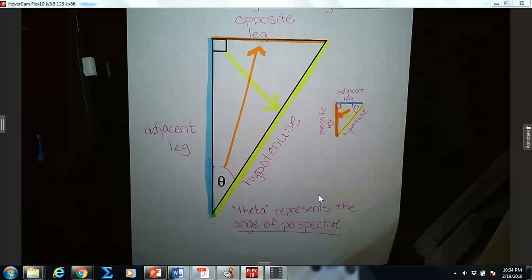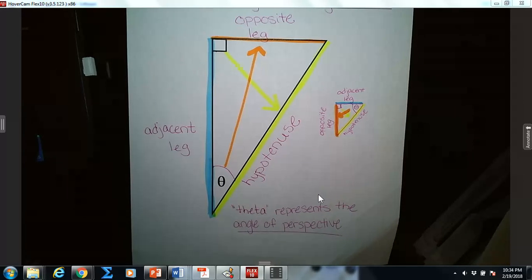So as the angle of perspective changes position, the opposite leg and the adjacent leg might also change position because they are dependent on where the angle of perspective is. So just keep that in mind.